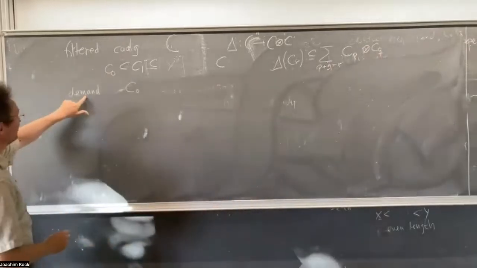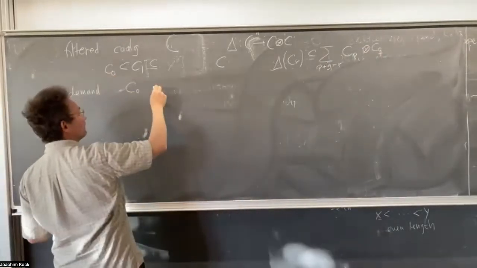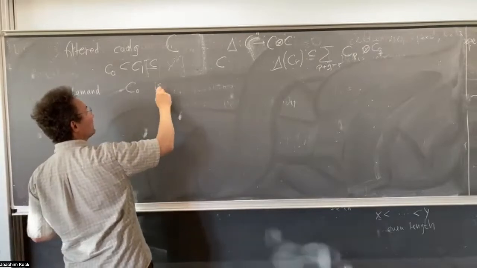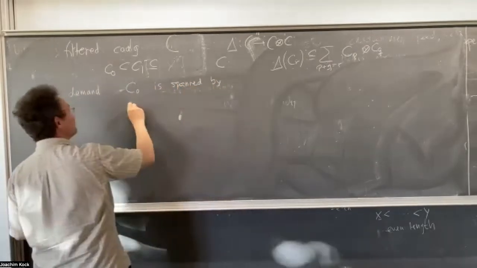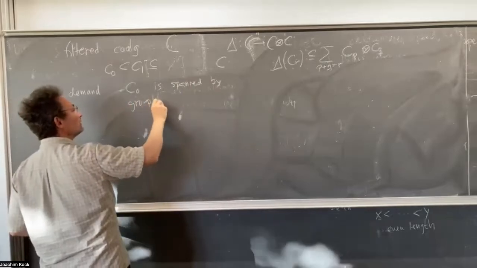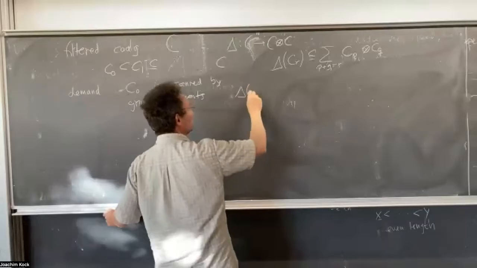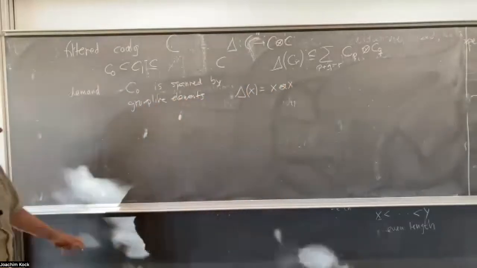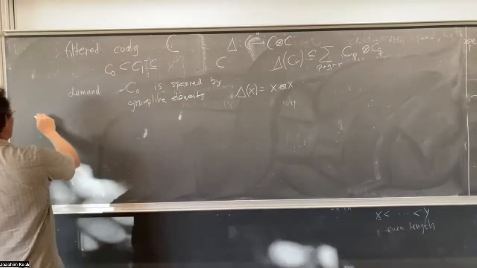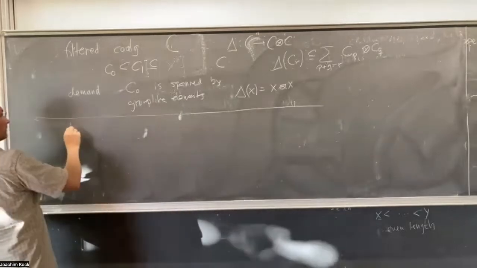So the condition we need to impose is that the zeroth graded piece is spanned by group-like elements. And an element is group-like if it only has the diagonal term. Okay, in this situation, we can write down the Möbius inversion principle.